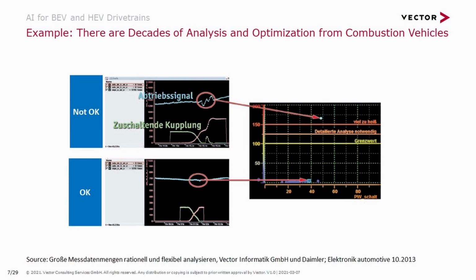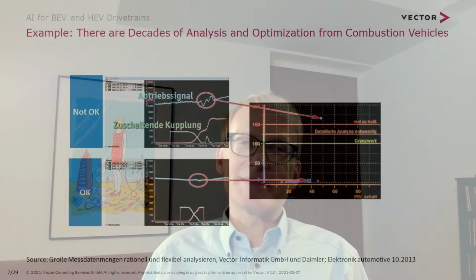This is an example of the many years of data analysis and improvement on how the clutch is changed. It's some old data, but there has been constant improvement over the decades. And if you think of the driving comfort you have today with automatic gears, it's so comfortable, so efficient.